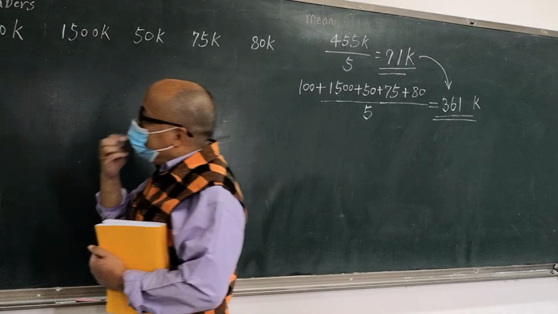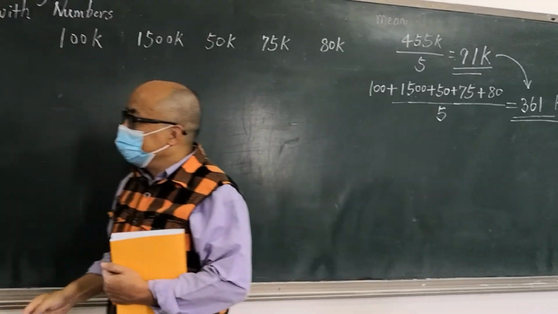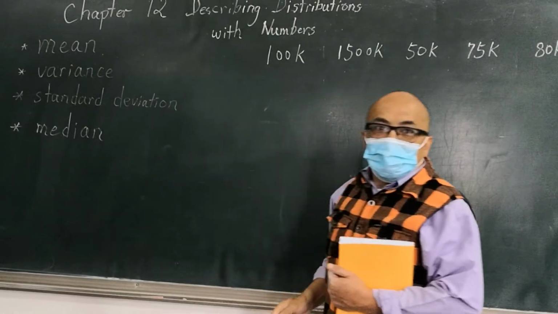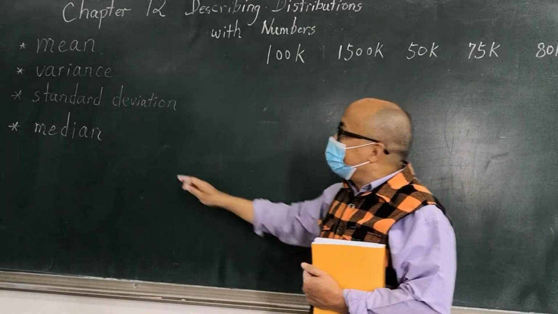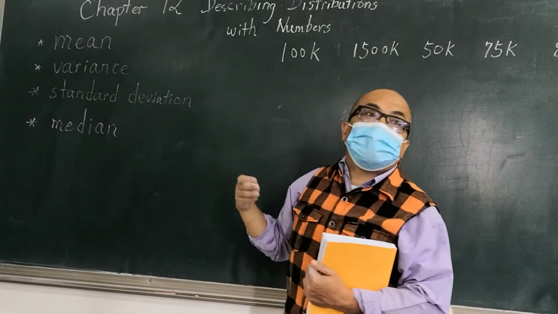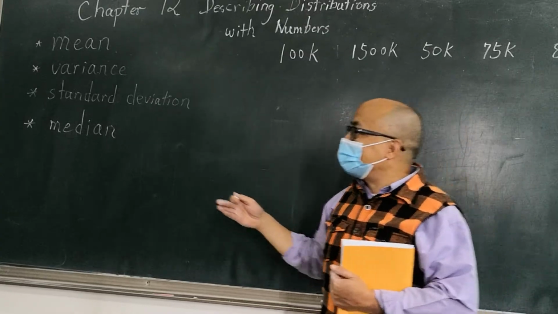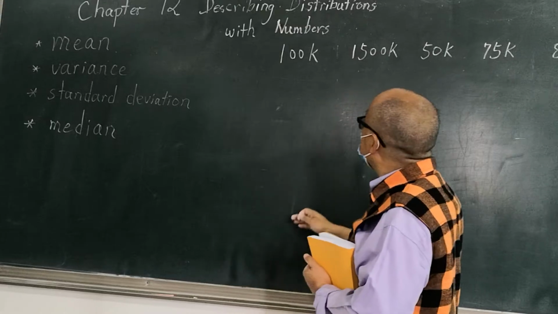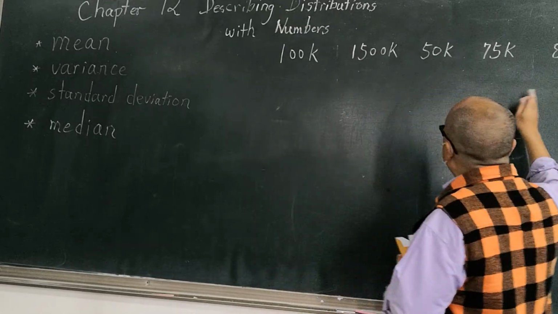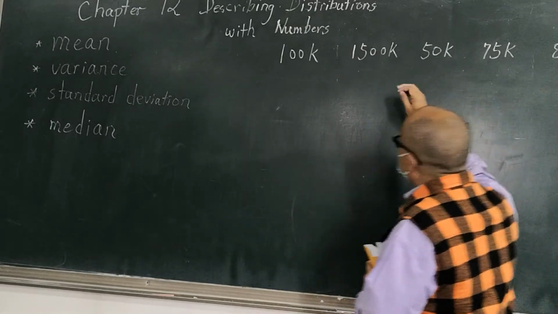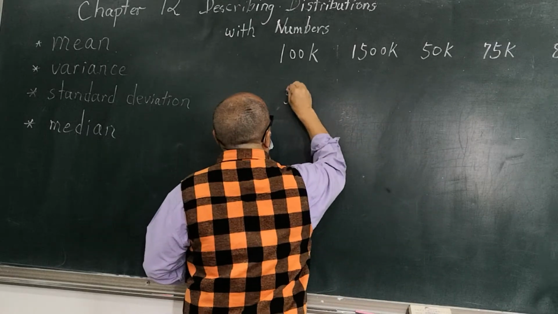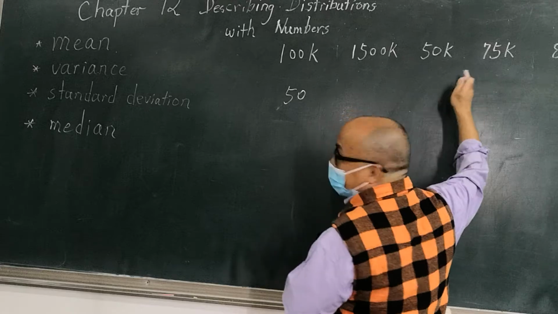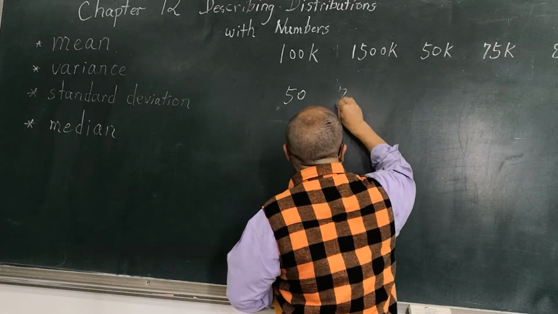So the median is different from the mean for the same purpose, but it is different. What is a median? We sort the numbers. 50 is the lowest. And what's the second? 75.